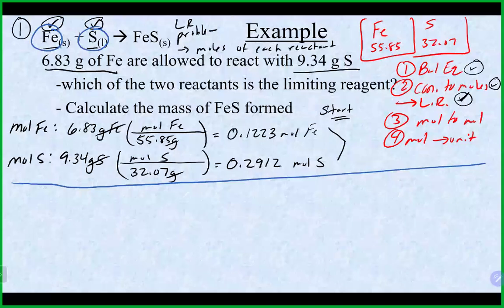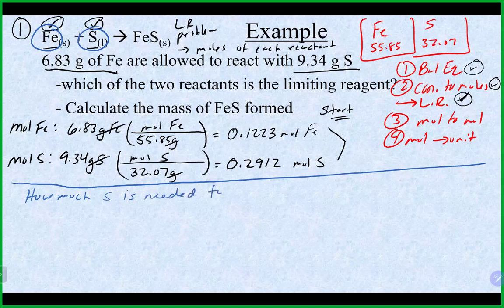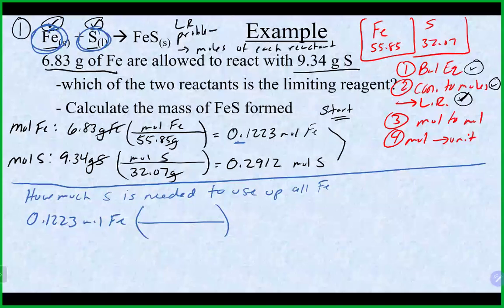So in this case, I'm going to try to figure out how much sulfur is needed to use up all the iron I started with. So I'm going to take the moles of iron that I started with, 0.1223 moles of iron. I'm going to go to the equation and find my mole-to-mole relationship between the two reactants.